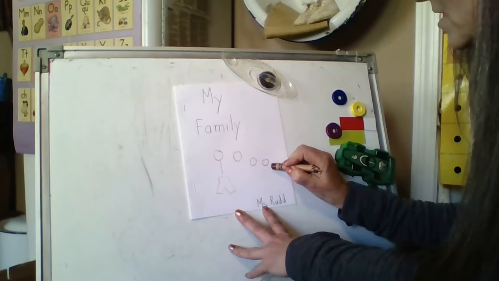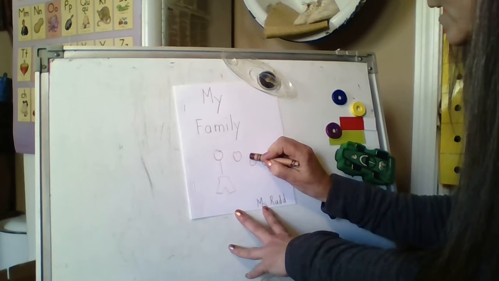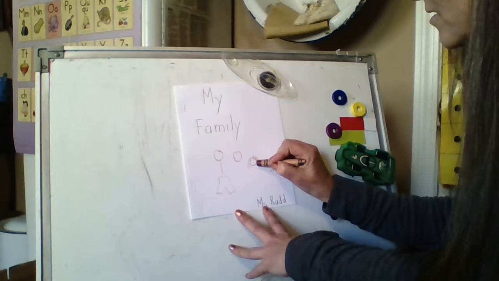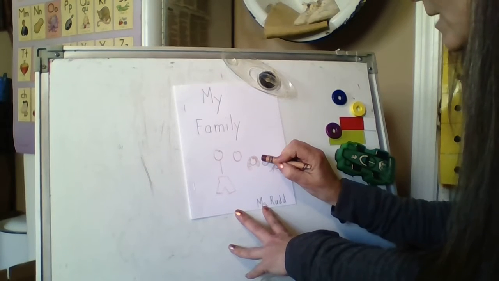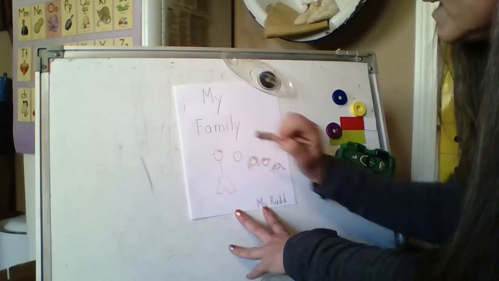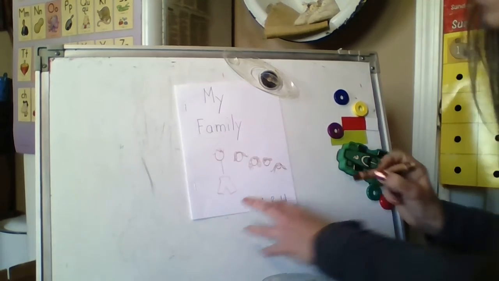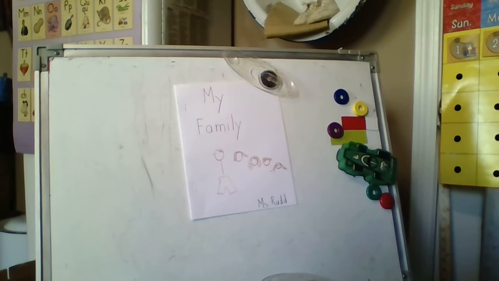So let's see, she often had ponytails, and Ms. Rudd, when I was a little girl, had curly hair, and my other sister had short curly hair, and my dad, he didn't have very much hair, and my mom had brown hair too. I'm kind of going in and putting it all in the best I can.